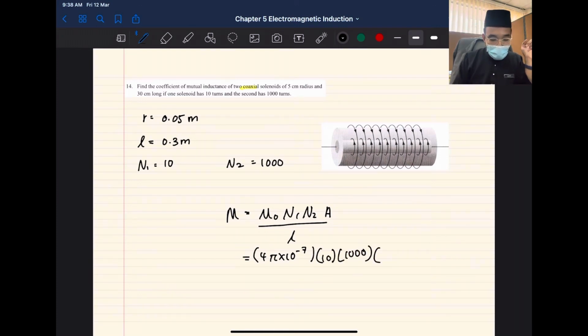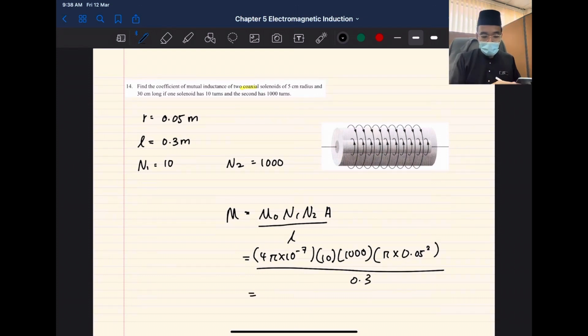Okay, the radius is 0.5, so you have to change to area, which is pi times 10 to the power of, radius square. The length here is 0.3 meters, so that one is about 30 cm.